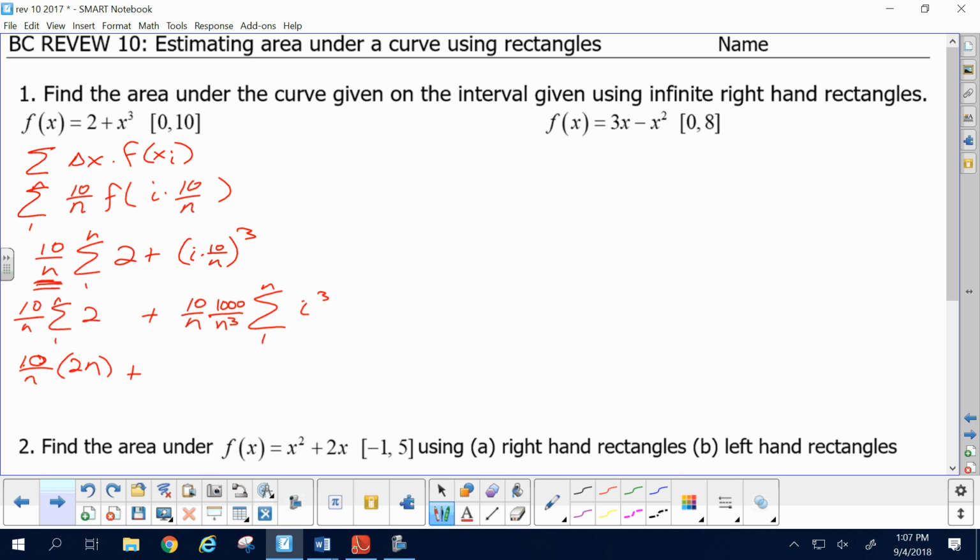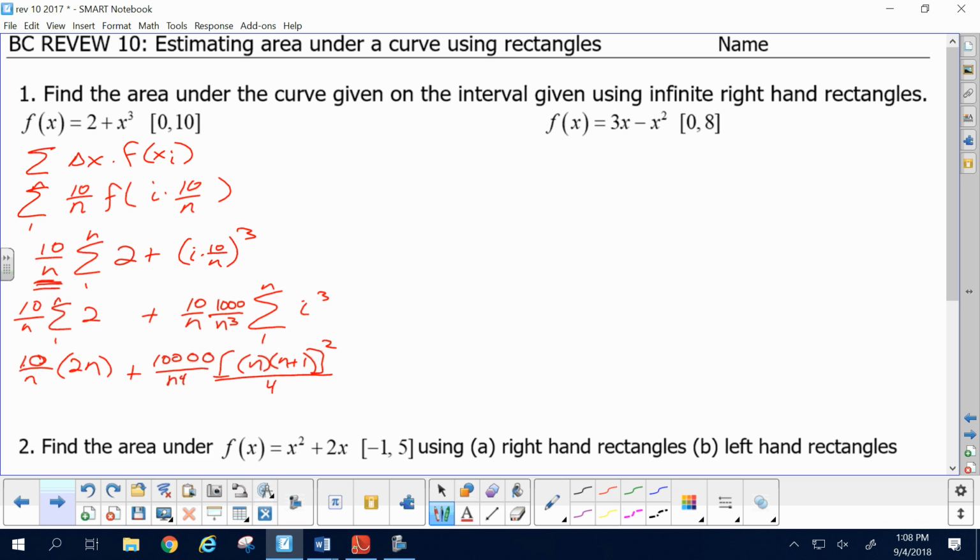Here, I'm looking at maybe 10,000 over n to the 4th times the formula for the sum of cubes. I believe it's n times n plus 1, that all squared over 4. Or you could also say n squared, n plus 1 squared, all over 4, whatever you want.